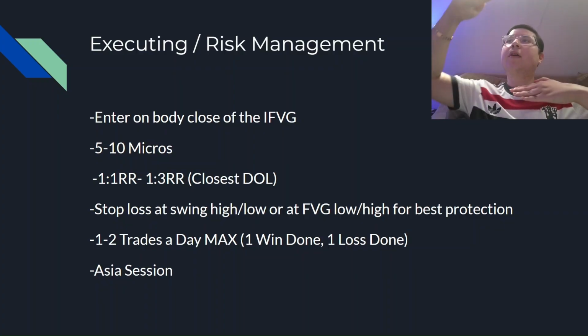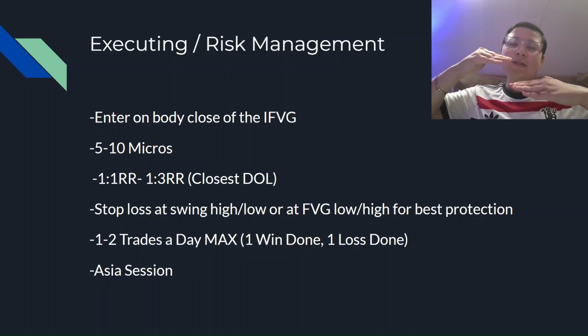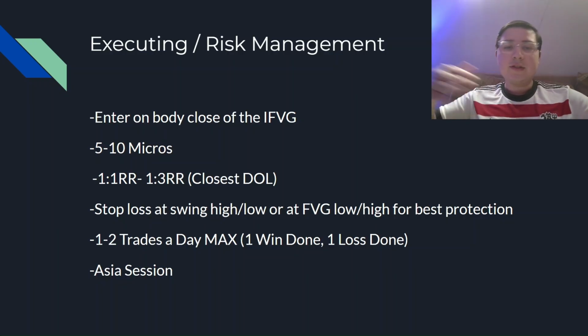Don't go for that huge drawn liquidity. Go for the closest one, even if it's a 1-to-2 risk to reward. Sorry, 1 to 2. And my stop loss goes at a swing high or low.